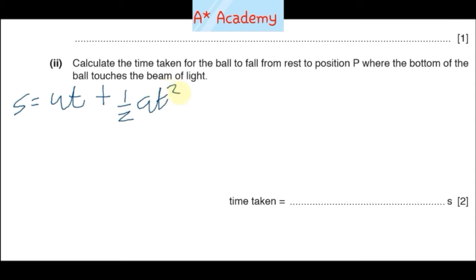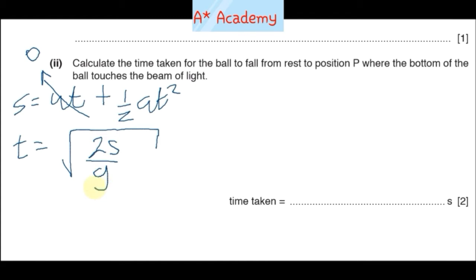Now u is 0, so ut will give us 0. So we'll be left with s is equal to half at squared. We want to find t, so t equals the square root of 2s over a. In this case, a is g.